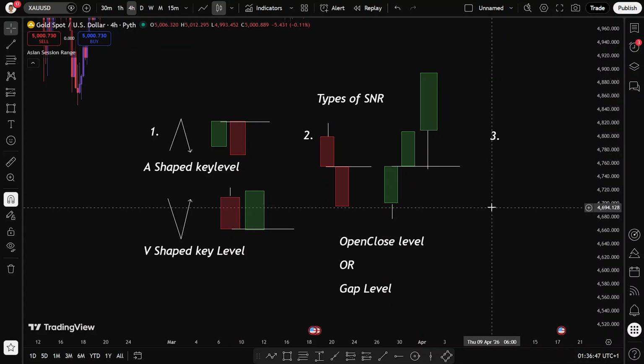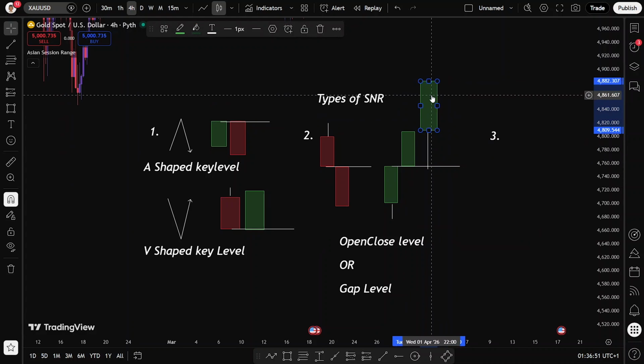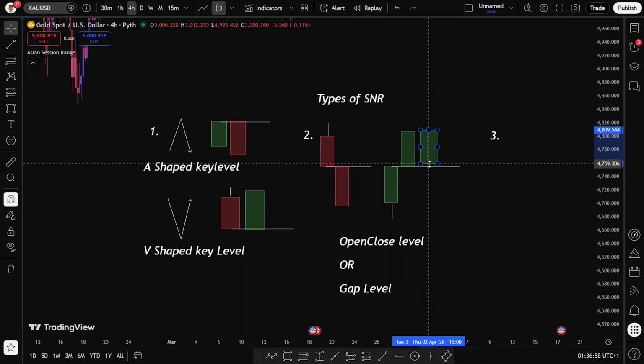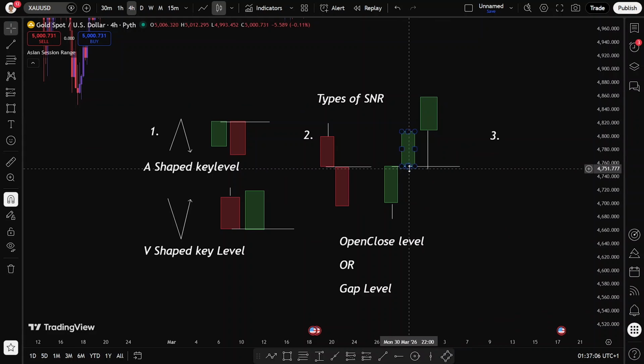We're marking our level. And this is a little explanation here. That's why sometimes you see that when this candle closes, price opens here, then retraces here, taps this level here, then starts moving to the upside, because this is a support level to buy from. Buyers are in this place.